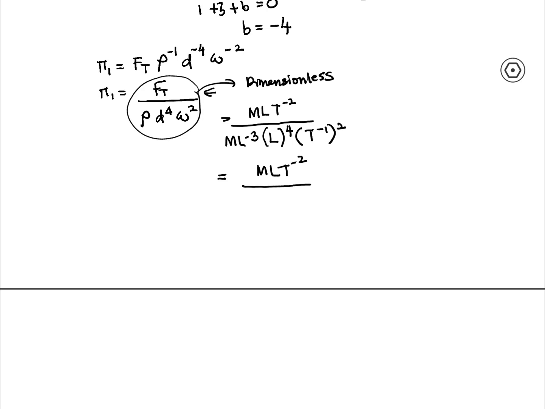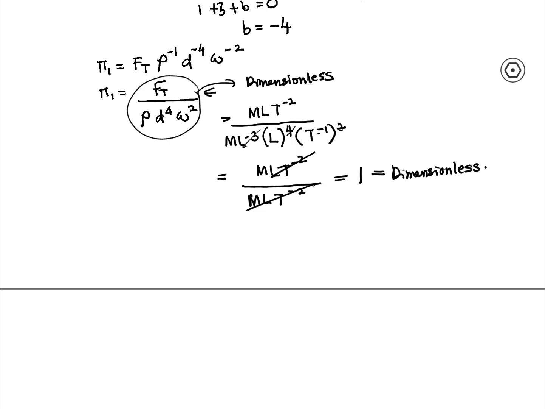So M L to the power of 4 will be M L T minus 2. Negative 1 times 2, negative 2. So we can cancel out this, then it will equal to 1, which is dimensionless.